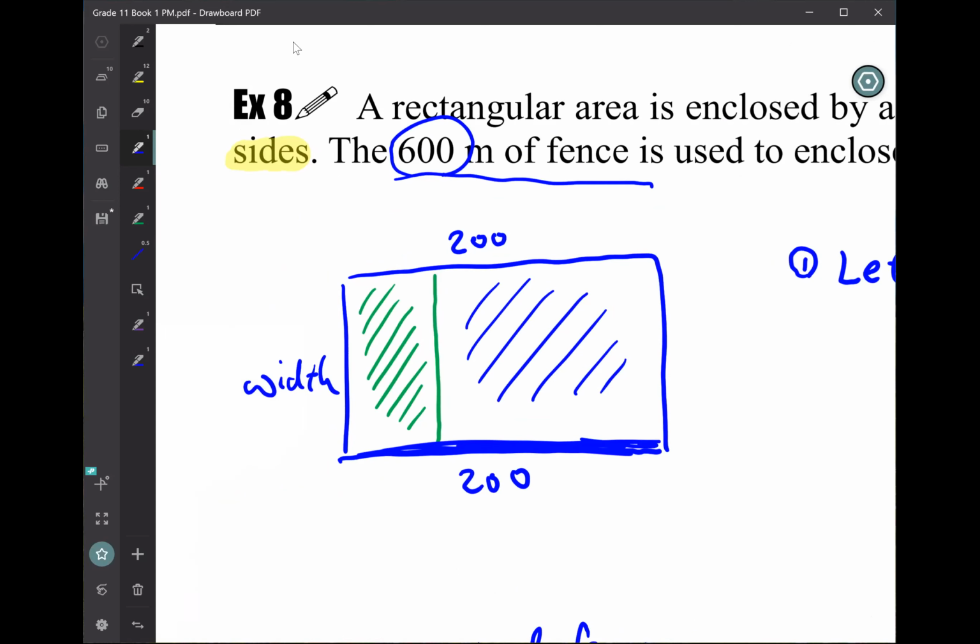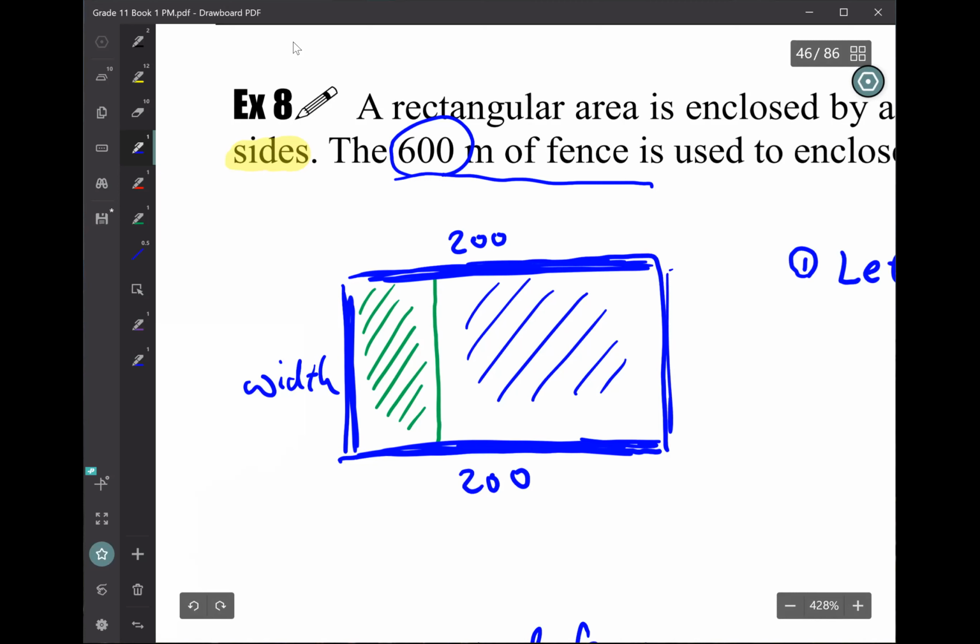What else? The width. Yeah, also the width. Only one of each. How about this side, the upper side? Yeah, also that, right? And also the right side, right?